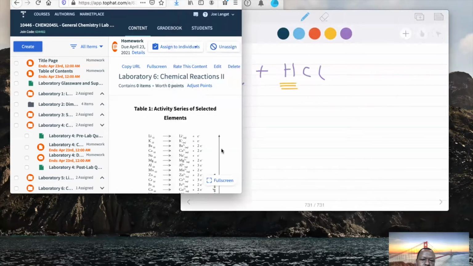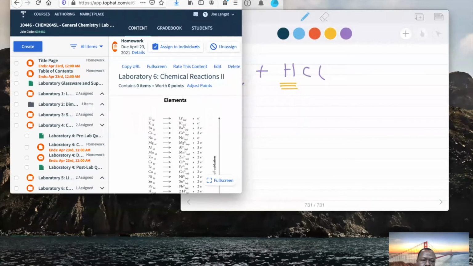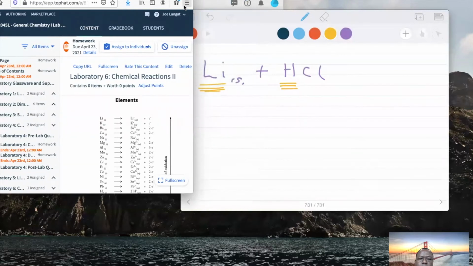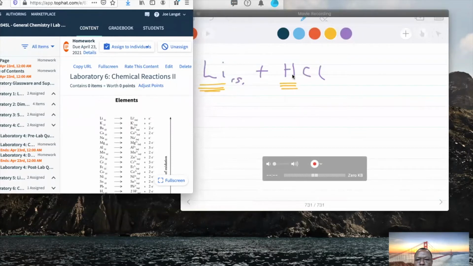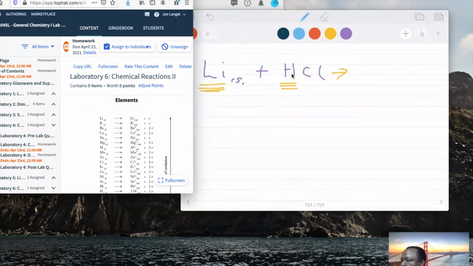And if you look here, lithium is all the way at the top, and in single replacement reaction, it will replace hydrogen, and hydrogen gas will be produced.